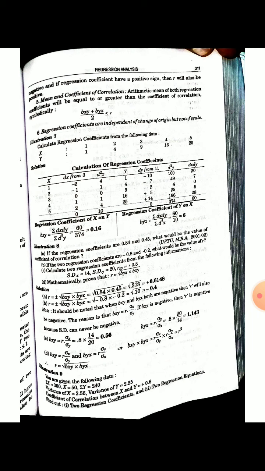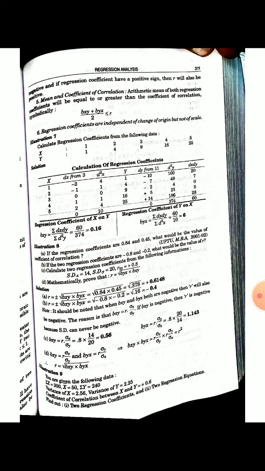Putting them under root and multiplying both values, we will get r square. Putting a root on both sides, we will get r equals under root bxy into byx.